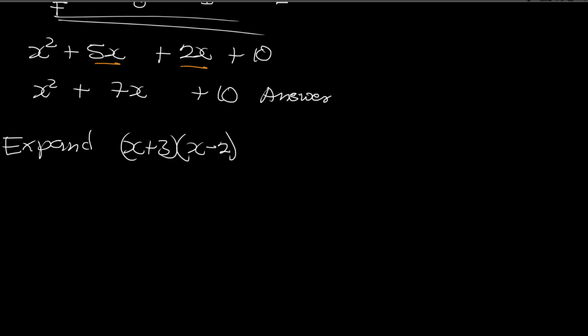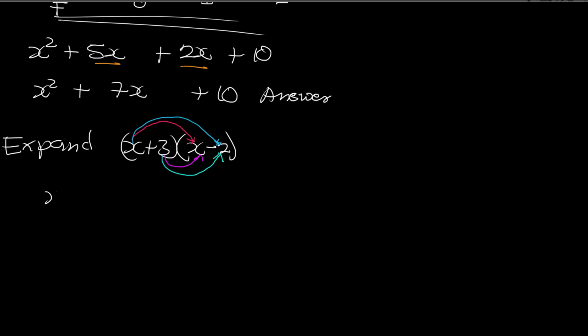First, we multiply this term and that. Second, we multiply this term and that. Thirdly, we come to the inner term and multiply the last term.